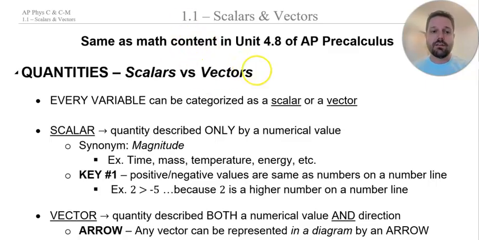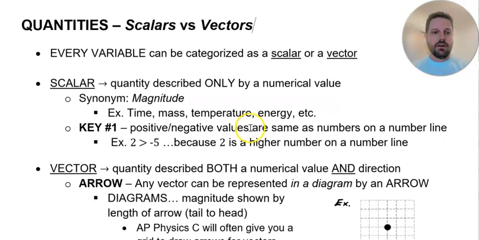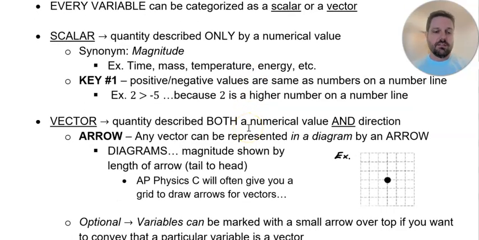So scalars and vectors are simply labels, or categories, that we can give to quantities. Every variable that we have is going to be categorized as either a scalar or a vector. So we need to contrast what these two are. A scalar is any quantity that's just a number value. There's no direction to it. It's just simply a number.